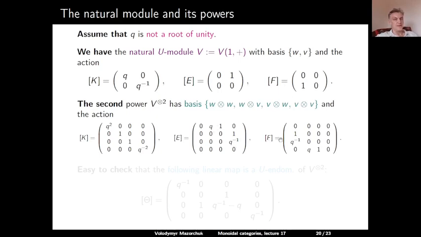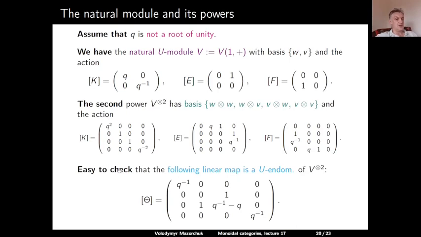And similarly, F acts via the matrix 0, 0, 0, 0, 1, 0, 0, 0, q inverse, 0, 0, 0, 0, q, 1, 0. And then it is easy to check that the following matrix defines an endomorphism of the second power of the natural module. So this is a matrix given by q inverse, 0, 0, 0, 0, 0, 1, 0, 0, 1, q inverse minus q, 0, 0, 0, 0, q inverse.